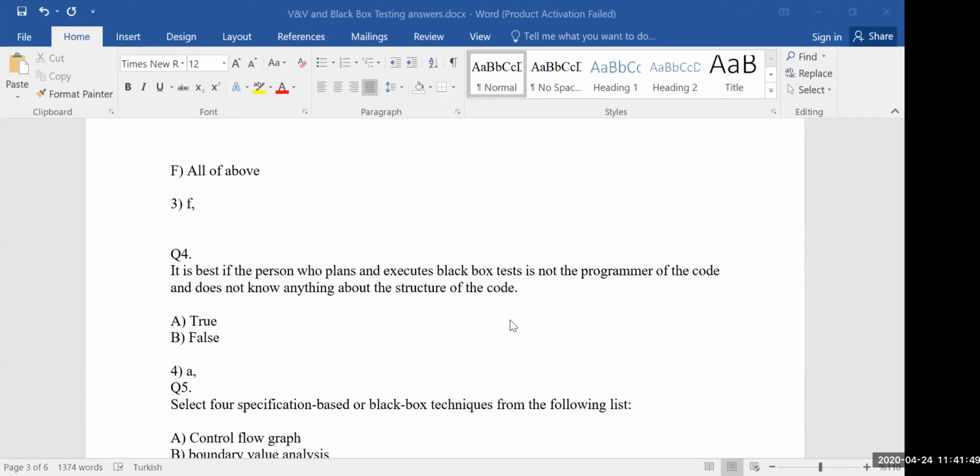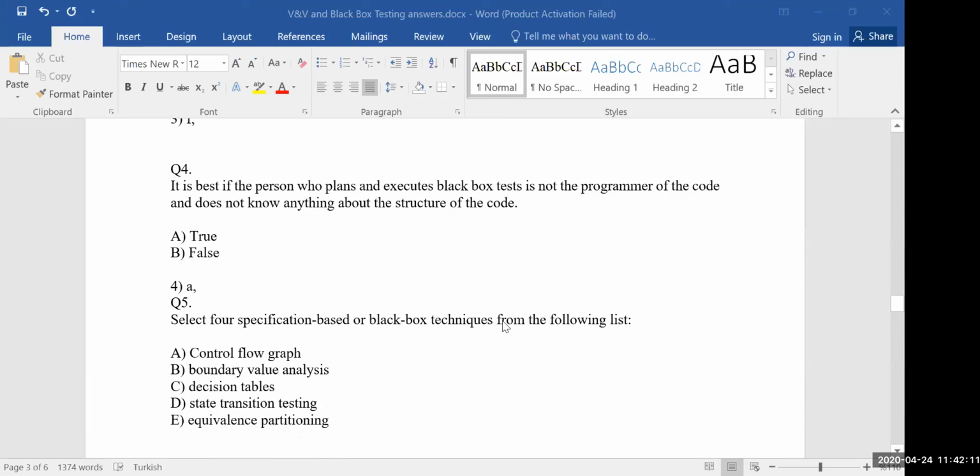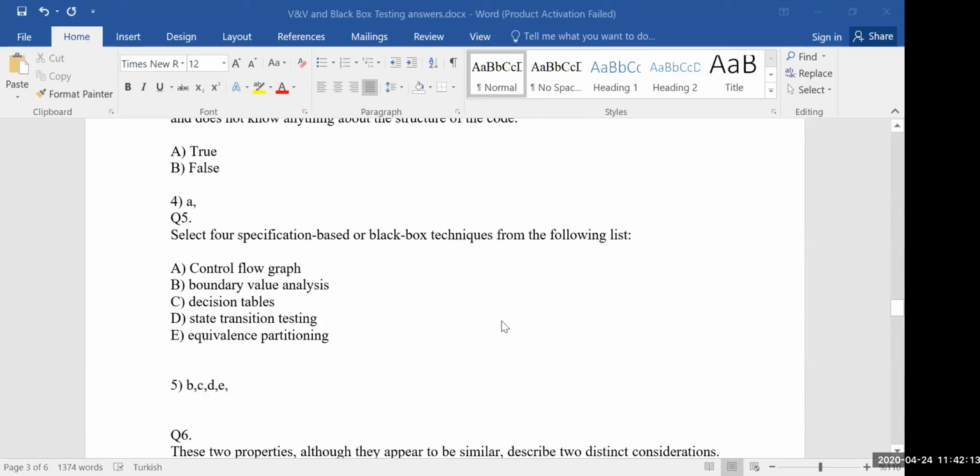In some companies, actually, there is a separate test team, and these people are not from the developer teams. Okay, there is a separate testing team. And how about question number 5?